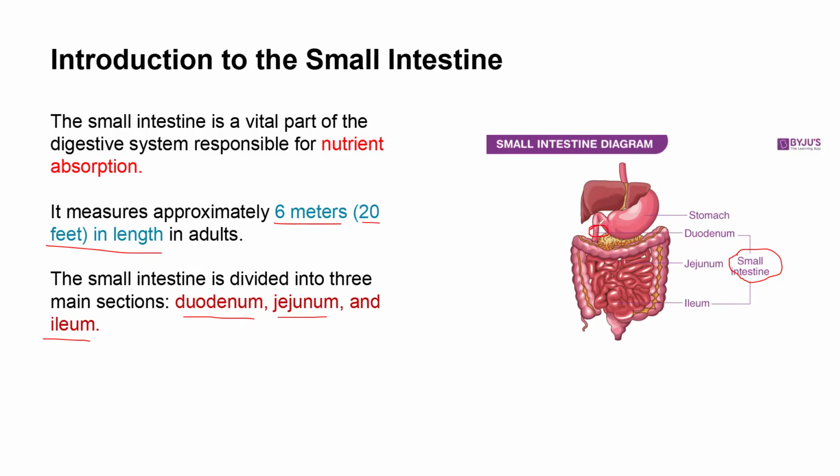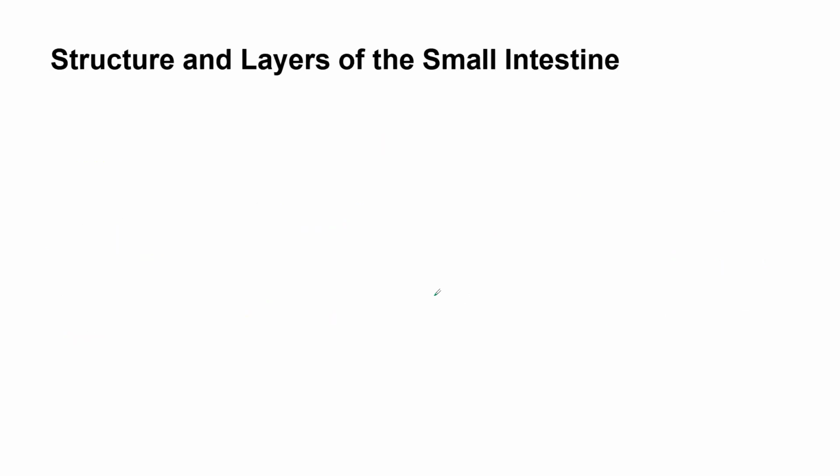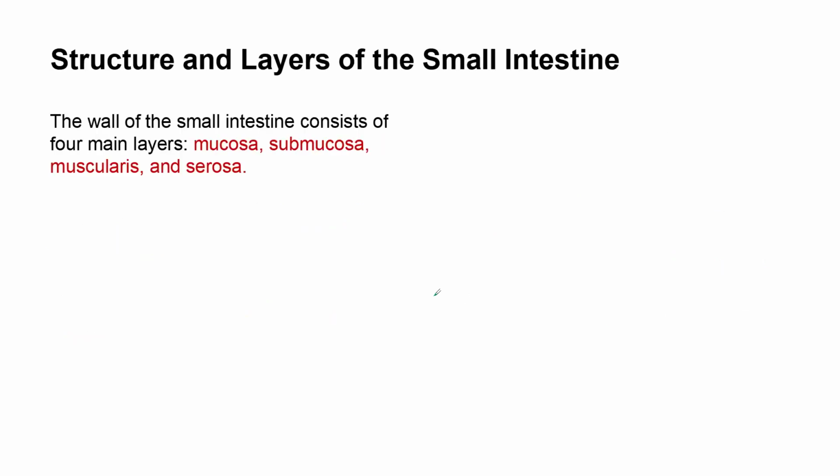This is the duodenum. And then this is the jejunum. And then we have the ileum here. So these are the three sections found in the small intestine: the duodenum, jejunum, and the ileum.